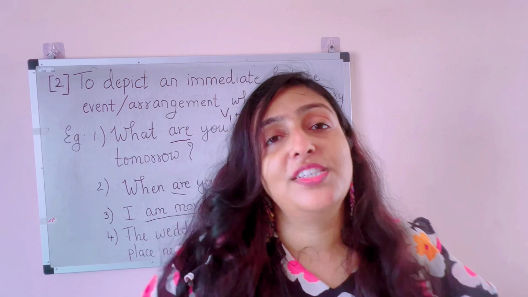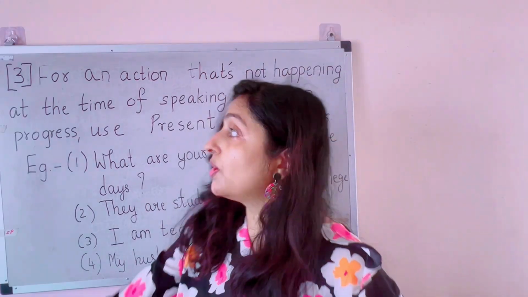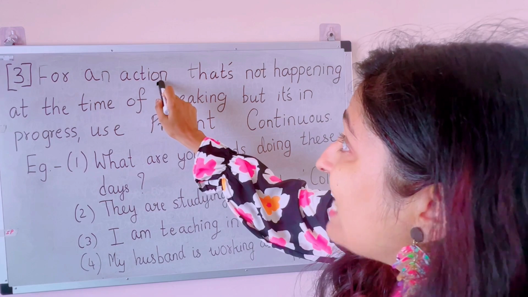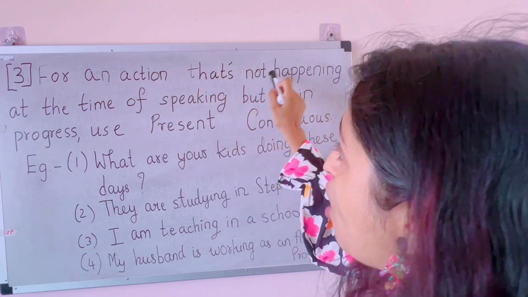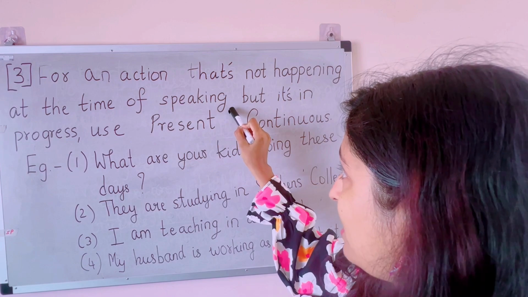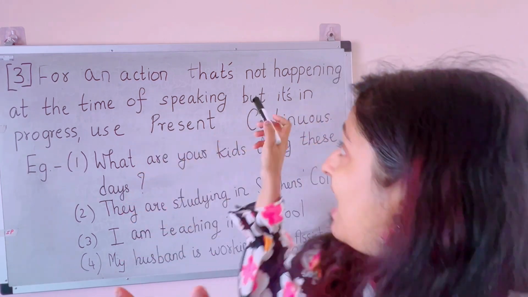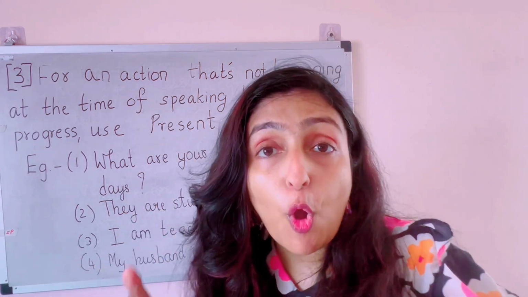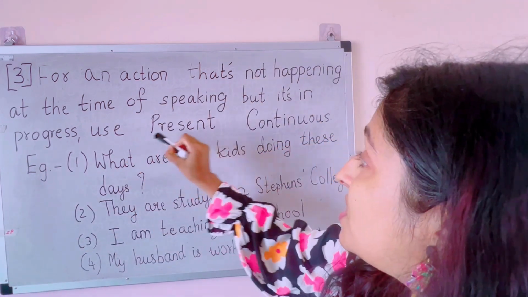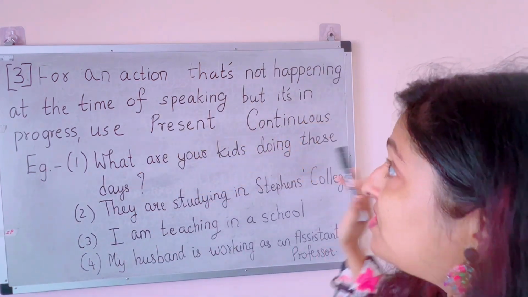So comes rule number 3, and that is for an action that's not happening at the time of speaking, but the action is in progress or continuity, use present continuous tense.